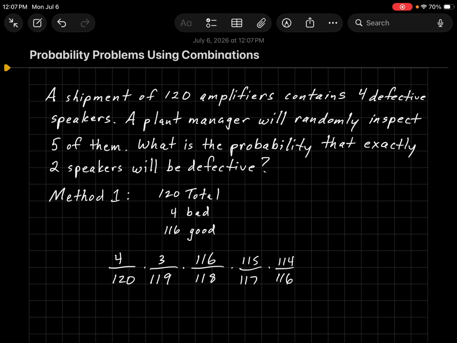Now, you might think, well, that's the answer. But is it really? This means that the first 2 were bad and the next 3 are good. But is that the only way we can get 2 bad out of 5?